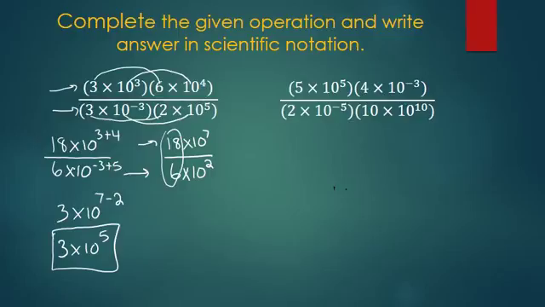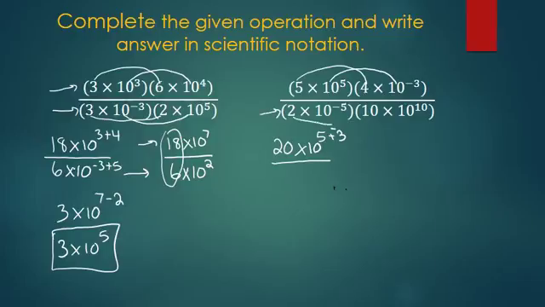All right, we're going to do the same thing on this next one. So do the numerator first. We have 5 times 4, which is 20, times 10 to the, and I need to use the product property, so I add my exponents. So 5 minus 3, or plus a minus 3, either is fine, divided by, now I do my denominator.